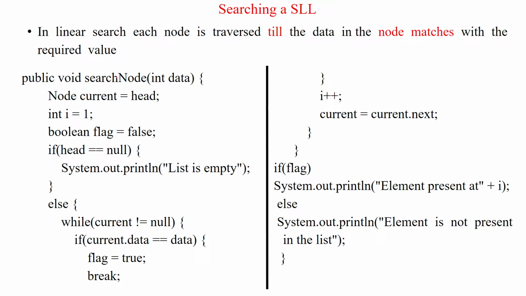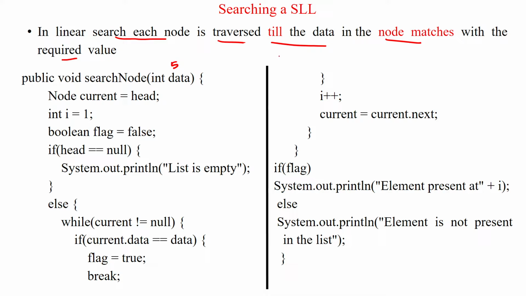In linear search, we traverse the nodes till the data in a node matches the required value, right? That means I am searching whether the value 5 is available in the list or not.